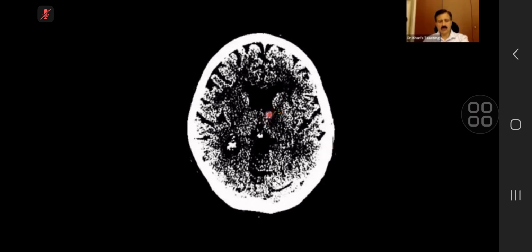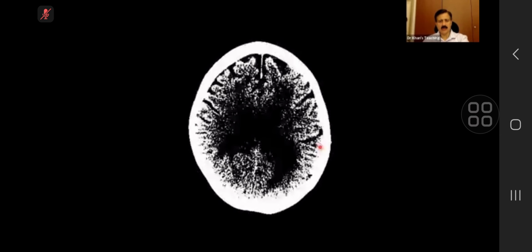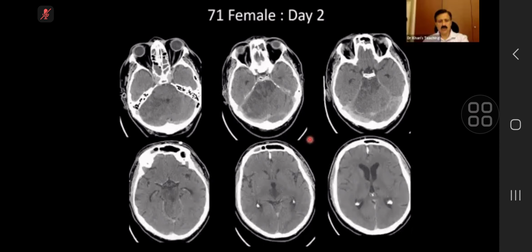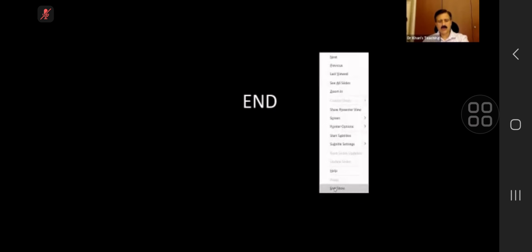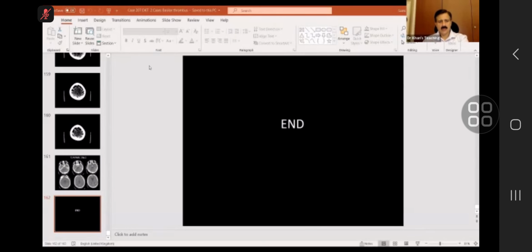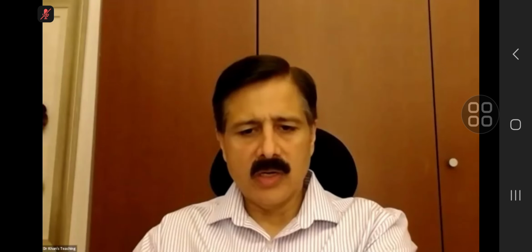Look at this thalamus versus this, and you will agree that this is more hypodense. And then day 2, you can see that there is more advanced change. And look at this thalamus. So that was right.